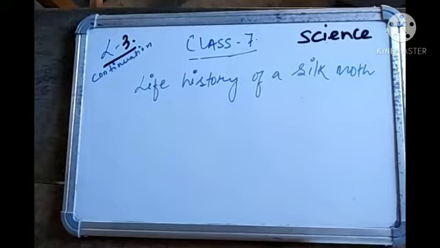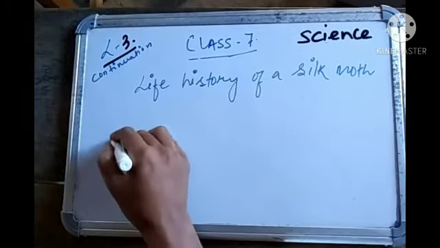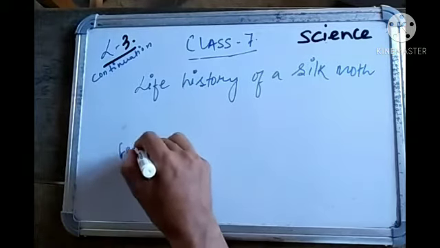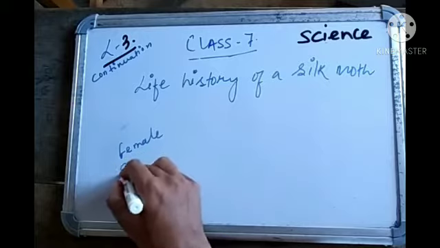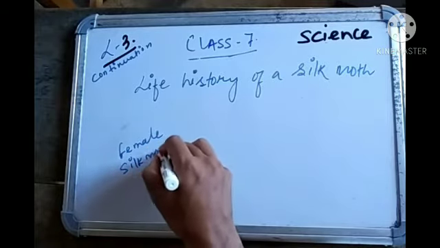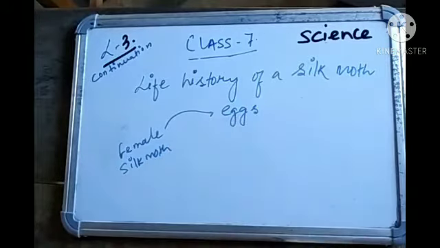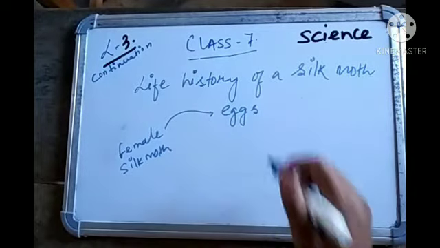When we discuss the life history of a silk moth, you'll find that the female silk moth lays eggs from which hatch a larva, which is called a caterpillar.